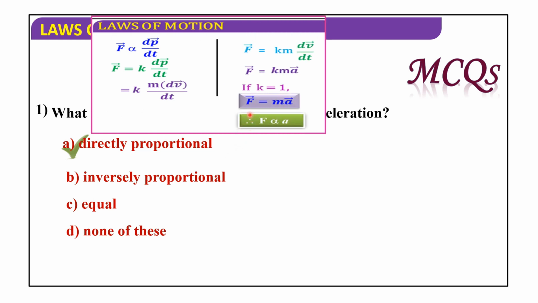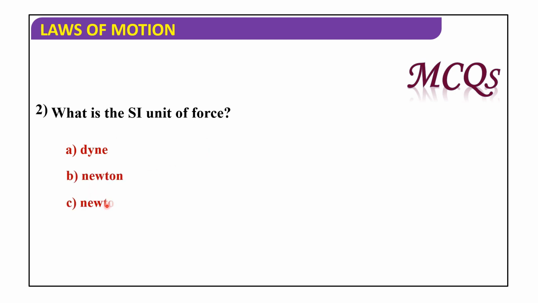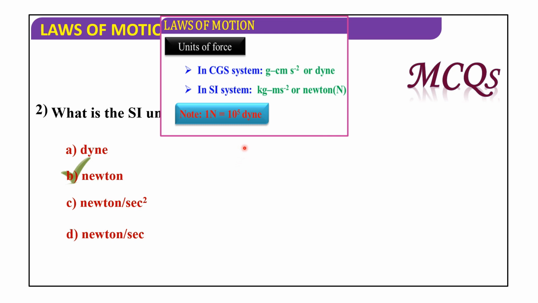Here F is equal to ma, therefore F is directly proportional to a. Okay. Next, what is the SI unit of force? Dyne, Newton, Newton per second square, Newton per second. The SI unit of force is Newton. Here in the SI system, the unit of force is Newton.